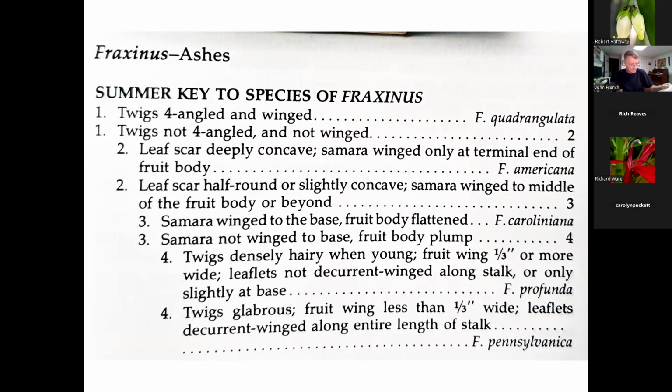I can't remember, I think it might be Caroliniana. I don't think I've ever seen Profunda, but they're both South Georgia things. I don't know the page number in the 1990 book, but in the 2007 book, if you look for the Pennsylvanica scar on page 254, it's horizontal. There's no U shape at all.